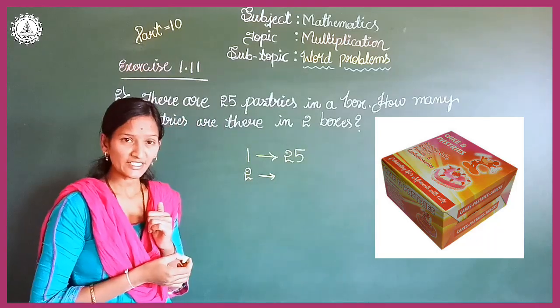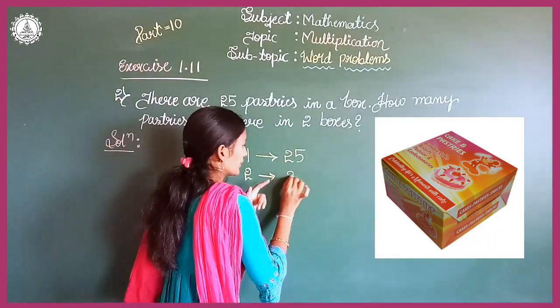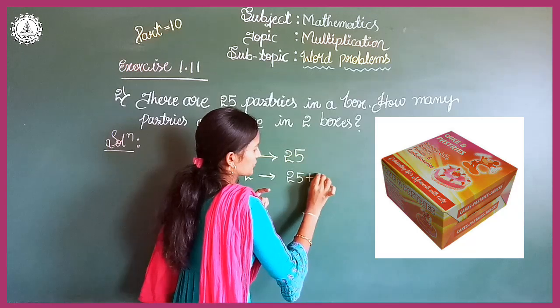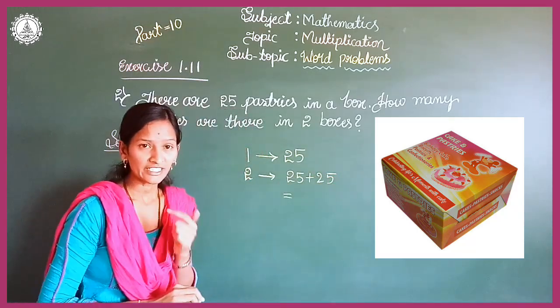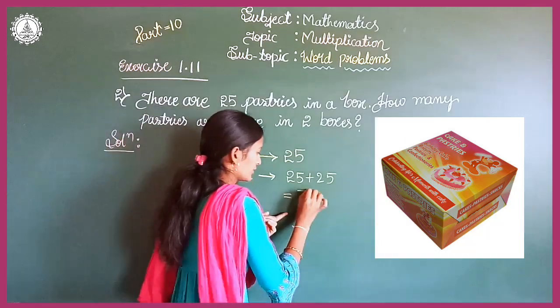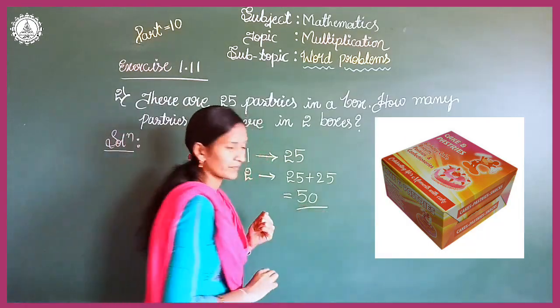It is very easy. See here, 25 plus 25. 25 plus 25 is 50. So this is our answer.